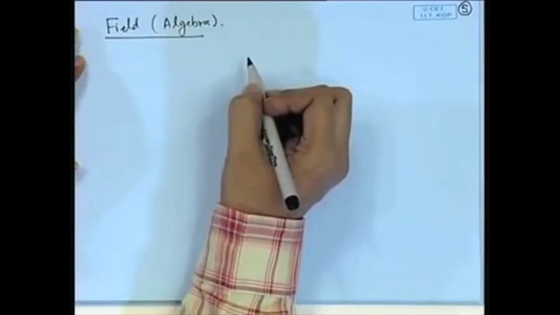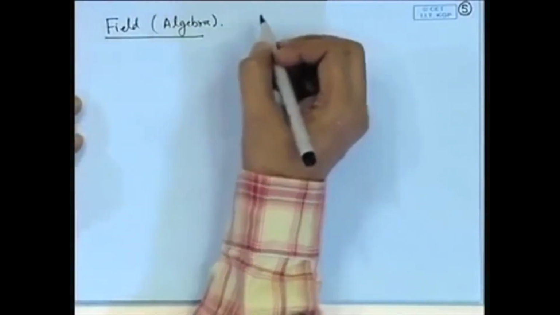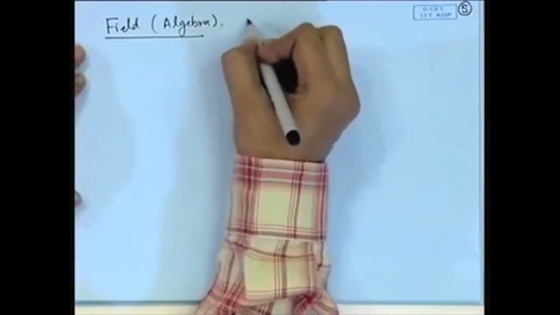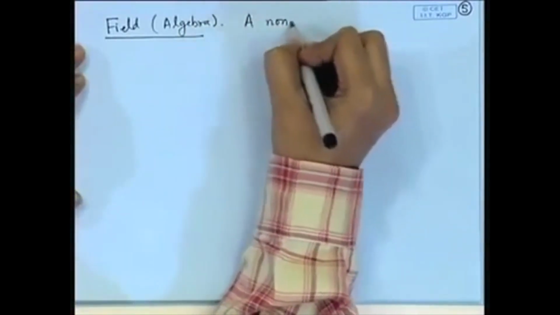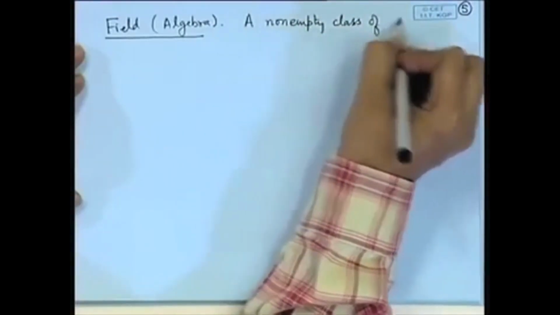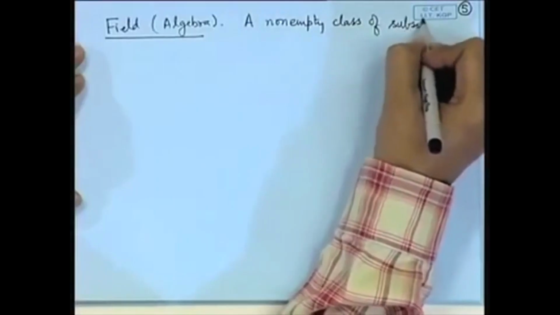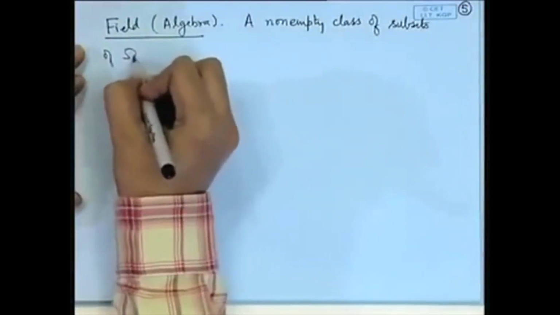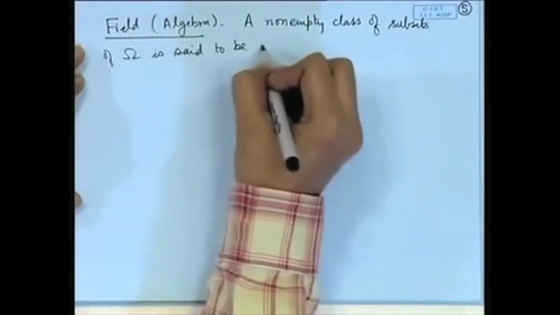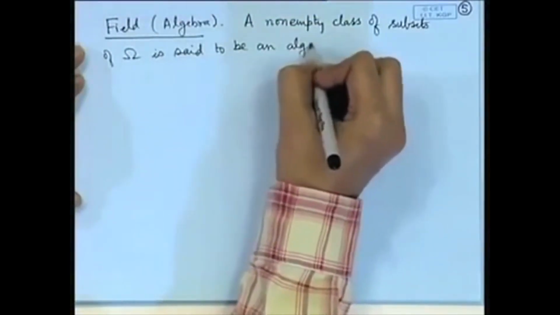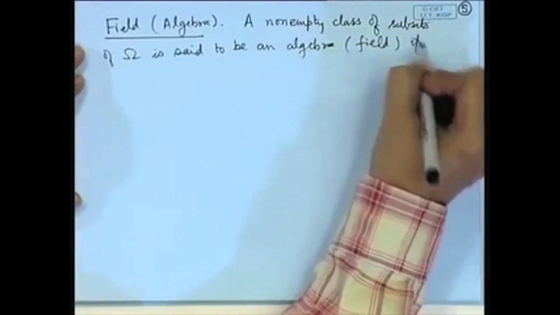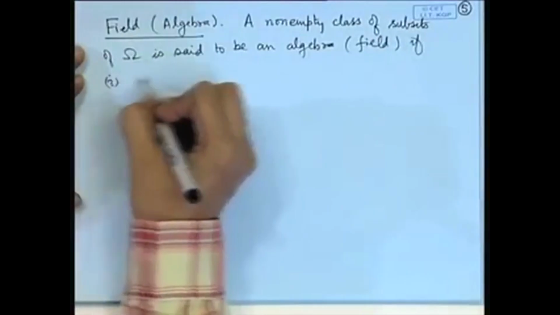So if I consider a non-empty class of subsets of omega, it is said to be an algebra, or a field, if it satisfies the following two properties.